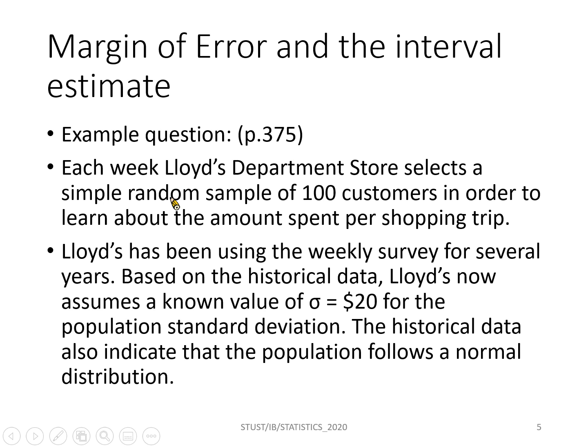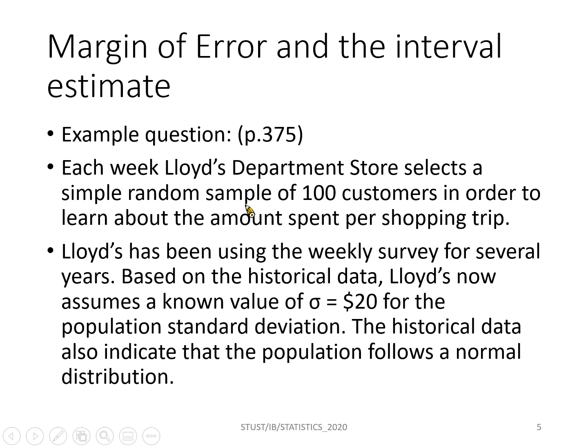There is an example question: each week the Lloyd department store selects a simple random sample of 100 customers in order to learn about the amount they spend per shopping trip.